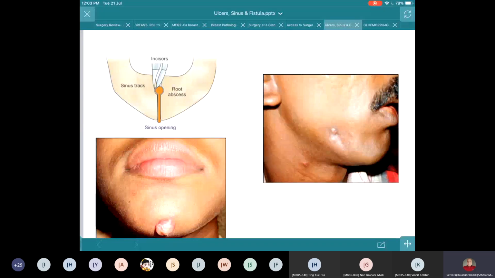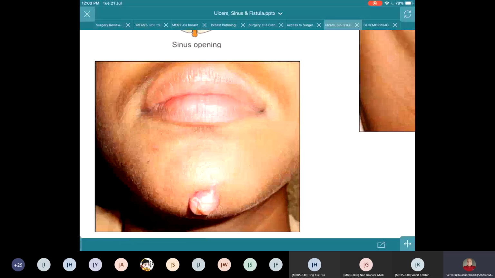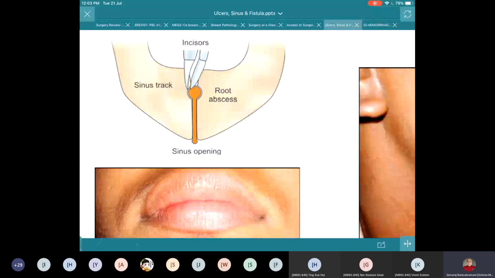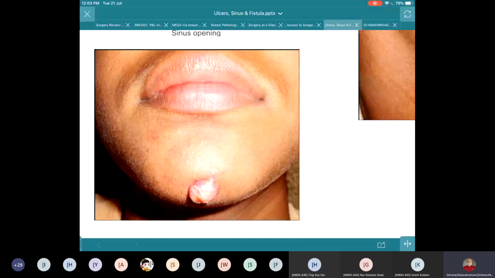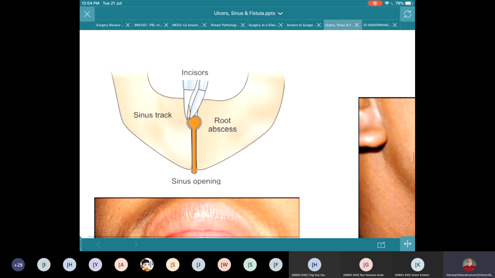So this we need not bother. You refer the patient to a dental surgeon because this is called median mental sinus. They have to extract that particular tooth.